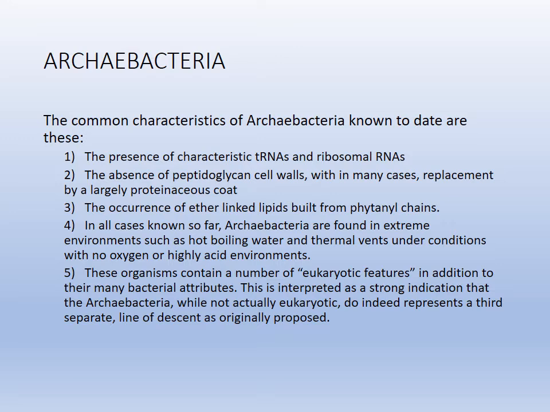They're the most numerous organisms on Earth. You have billions of them living in your colon. Not a pleasant thought, but it's true. More in your colon than there are human beings on Earth. Highly acidic, no oxygen environments. So they're extremophiles.